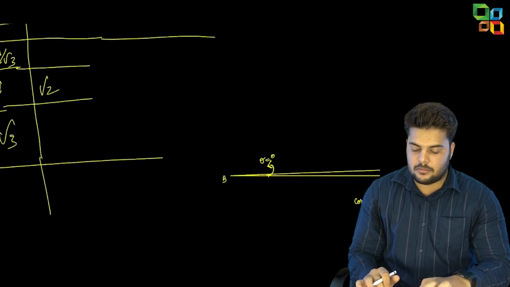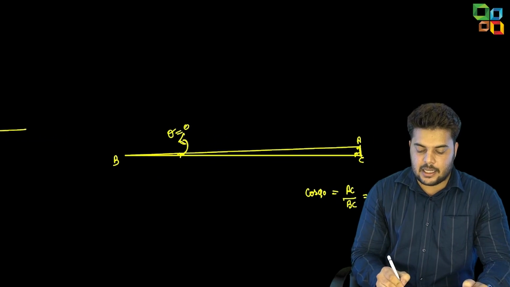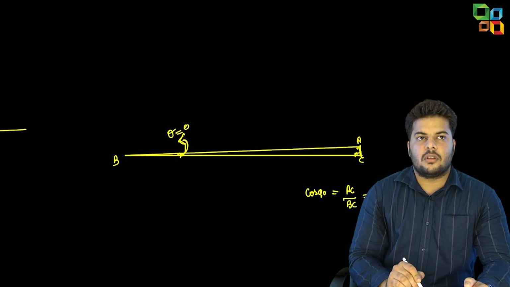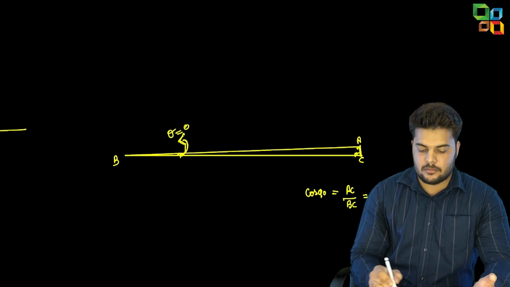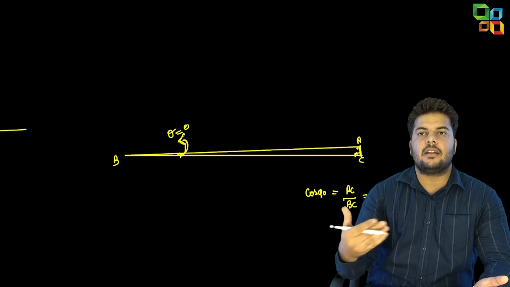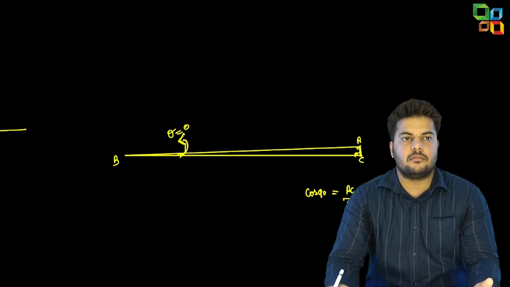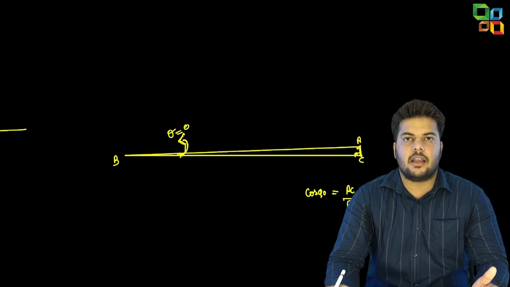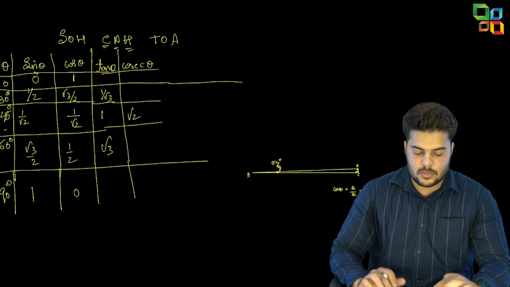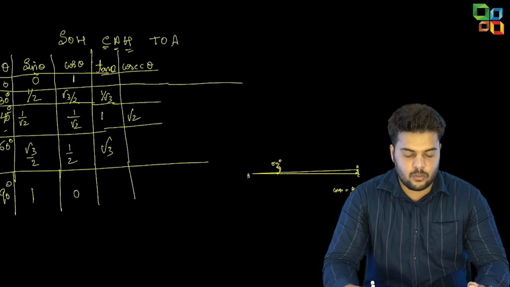In that skinny triangle, this angle is 0. So adjacent by hypotenuse again. When the angle is 0, the adjacent side and the hypotenuse are the same thing. So cos of 0 comes out to be 1.